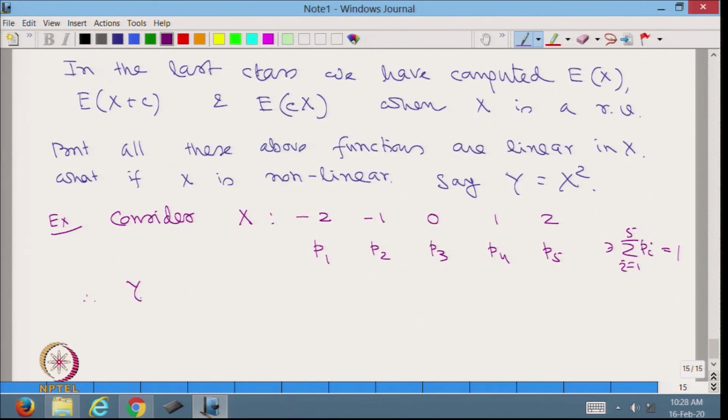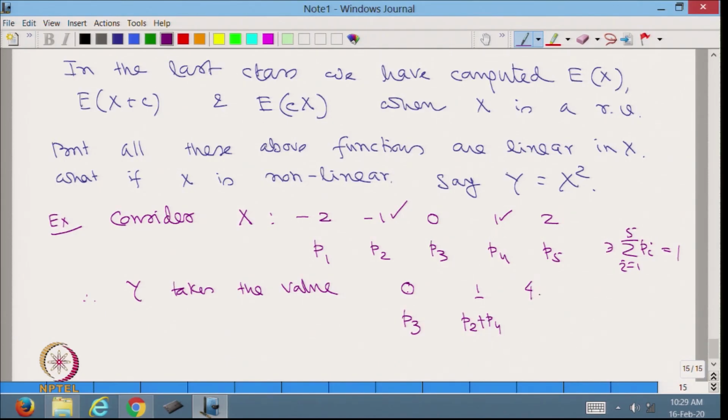Therefore, y takes the values 0, 1 and 4. Y will take the value 0 when x is equal to 0, therefore, the probability is P3. Y will take the value 1 when x is -1 or x is +1, therefore, this probability is P2 plus P4.